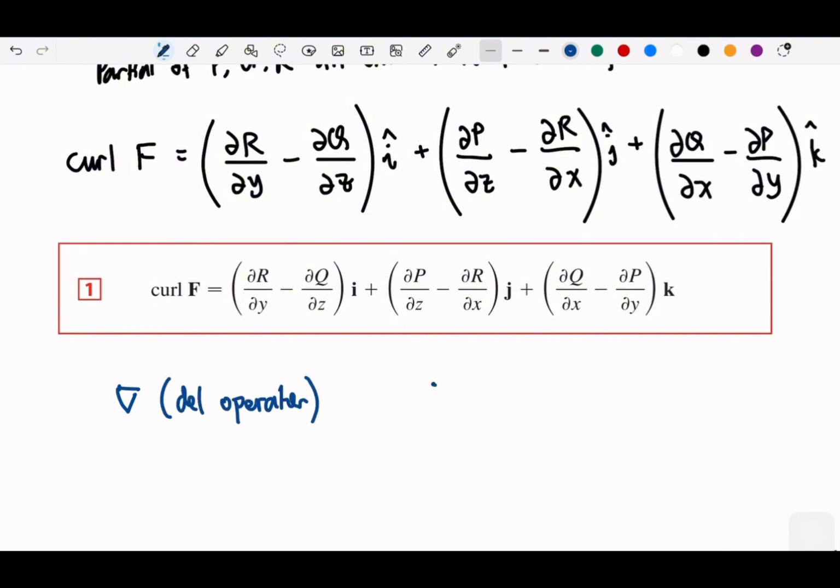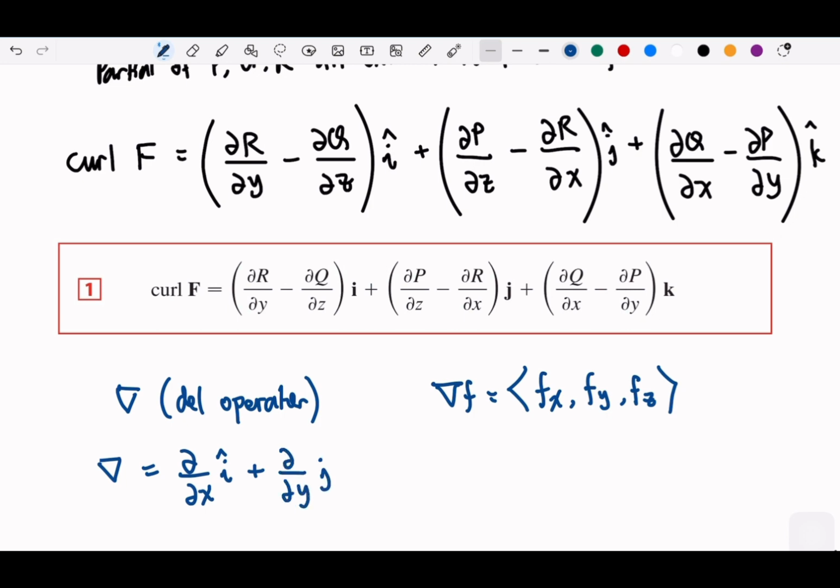And we know that del F is a vector based on all these partials, with respect to X for the X-axis, Y for the Y-axis, and Z. If we just take the operator without the function, this becomes only dou X on I or the X-axis, dou Y for J, and dou Z for K.